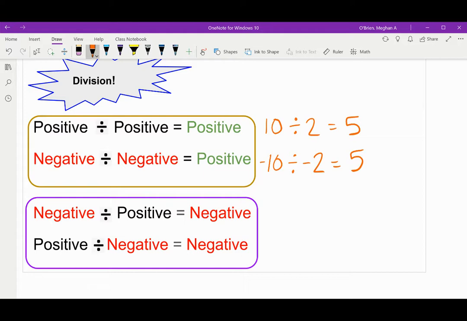A negative divided by a positive equals a negative quotient. And the other way around, I'll just do positive 15 divided by a negative 5 equals a negative 3. The division process doesn't change. It's just a matter of remembering the rules. And there you go.